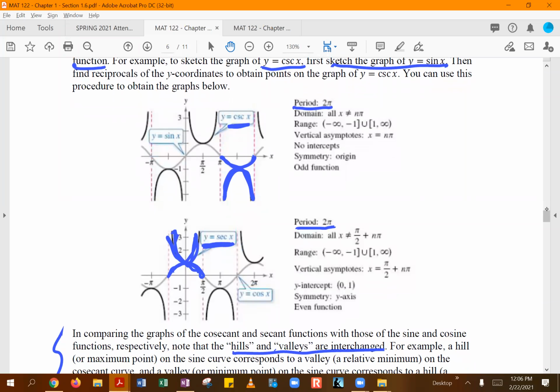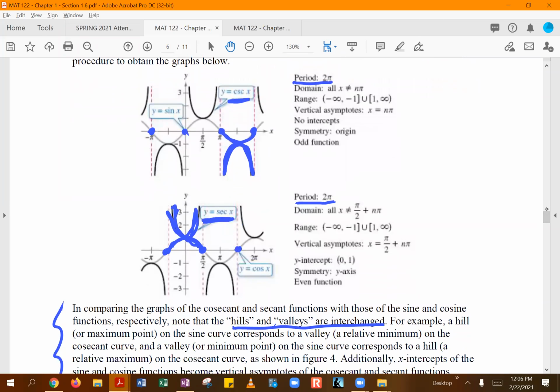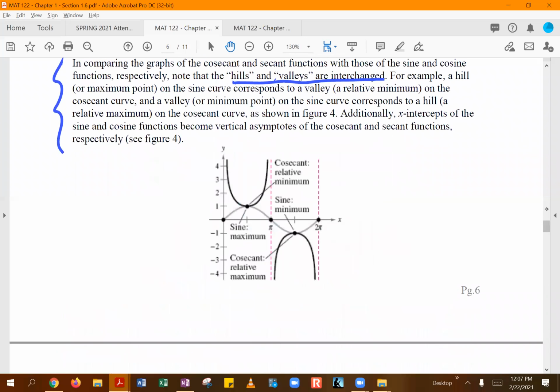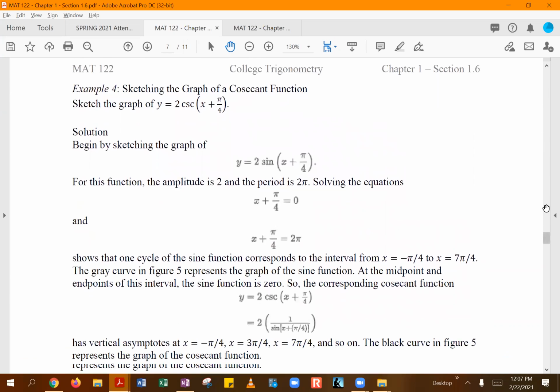Another thing I wanted to point out, wherever you have x-intercepts on the sine and cosine functions, you will have vertical asymptotes for the secant and cosecant functions. That's another thing to keep in mind.